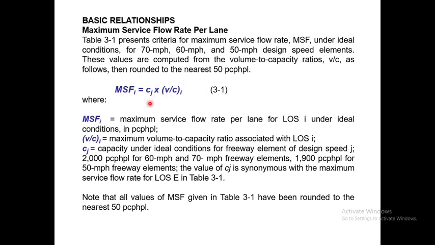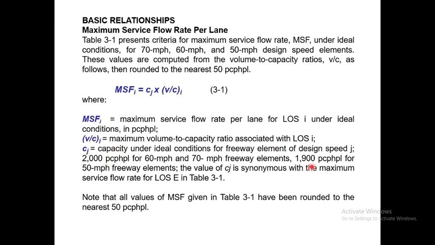So the C_j is the capacity, the capacity under the ideal condition. We have only two values for this C_j. If we mention that the speed is 60 or 70, then C would be 2000.